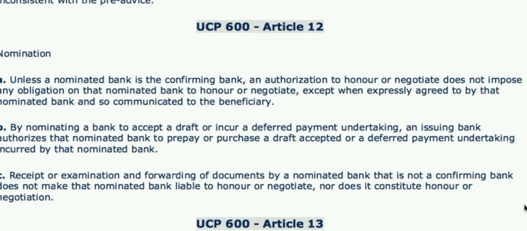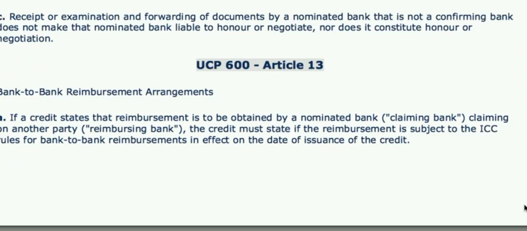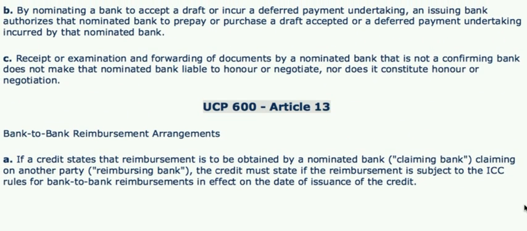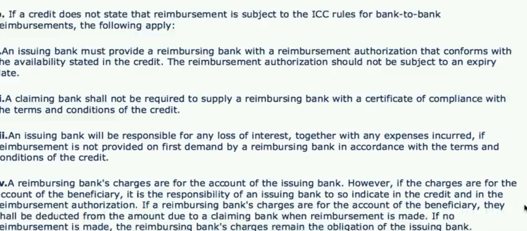But other nominated banks have to operate according to the instructions given to them. Article 13 speaks about the bank-to-bank reimbursement arrangements. Reimbursement may pass through more than one bank according to arrangements of the beneficiary as well as the issuing bank. But again, everything is to be done as agreed between all the parties.